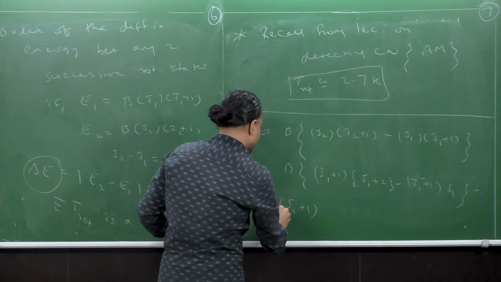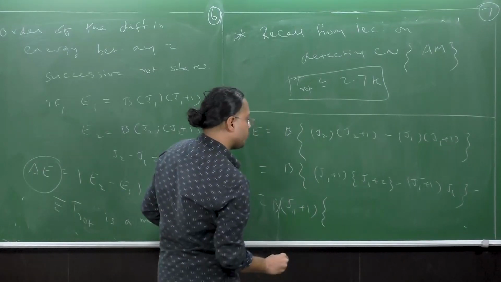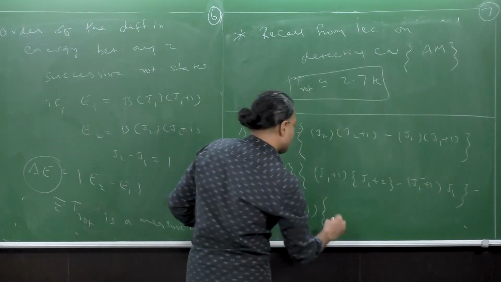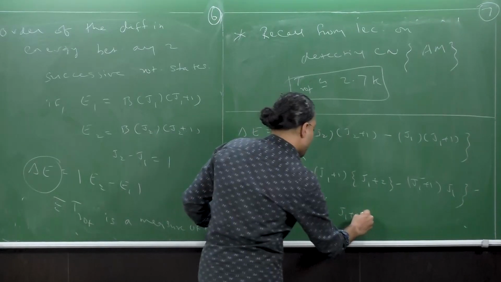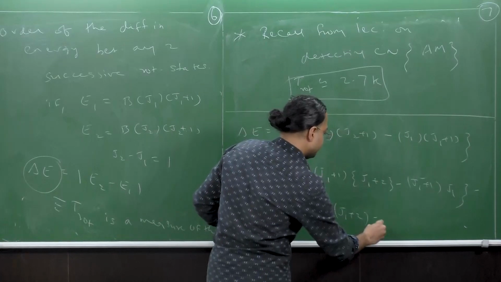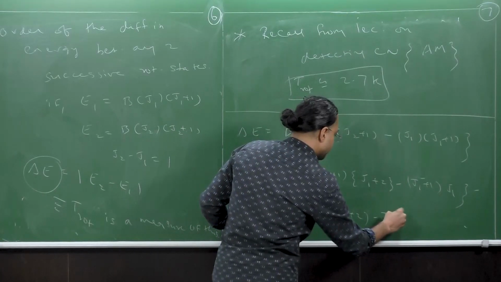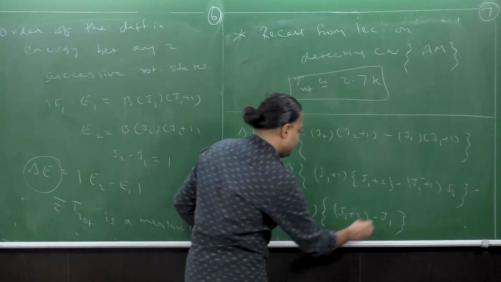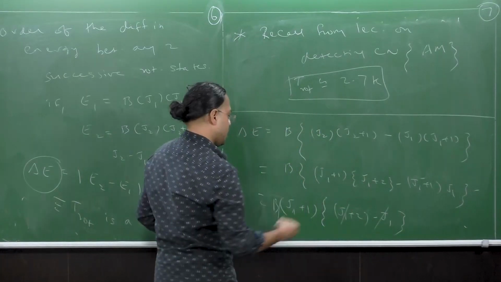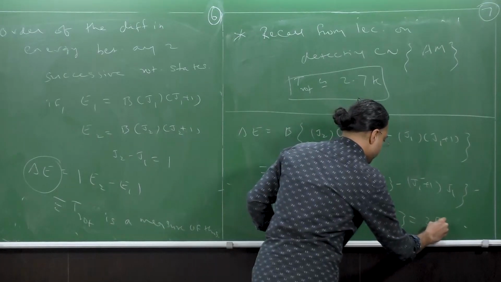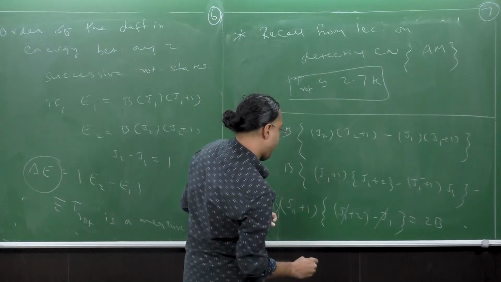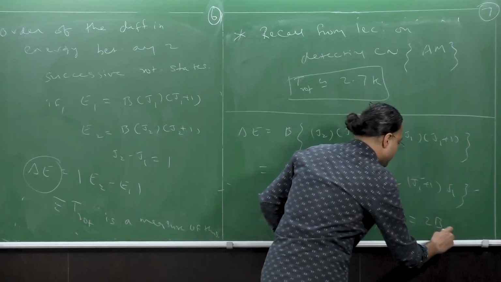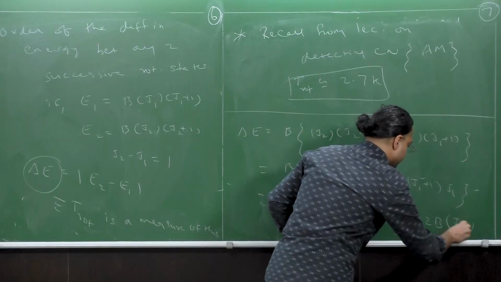I have my B here. This is going to be J1 plus 2 minus J1, and so this is simply going to be 2 times B, 2B times J1 plus 1.